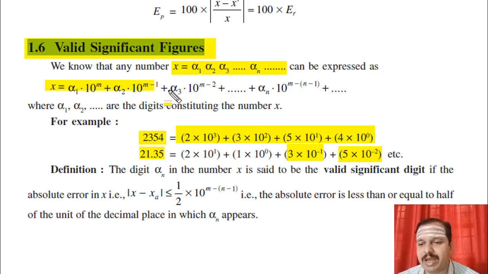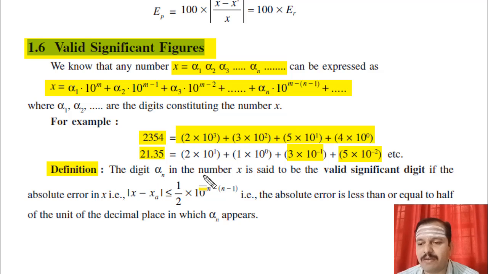Here alpha 1, alpha 2 are the digits constituting the given number. For example, 2, 3, 5, 4 were the digits constituting the number 2354. Like that, alpha 1, alpha 2, alpha 3, dot dot dot are the digits present in the given number x. Now let us define the concept of valid significant figures.